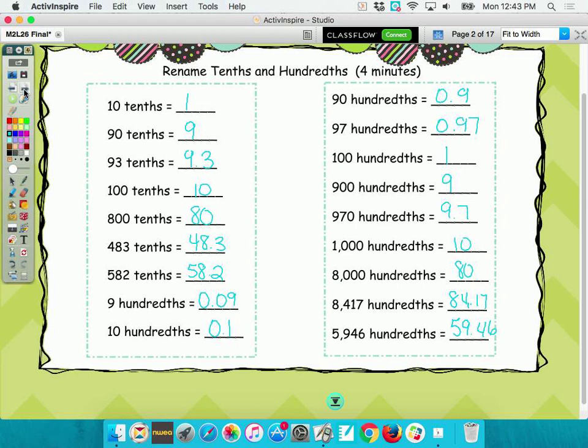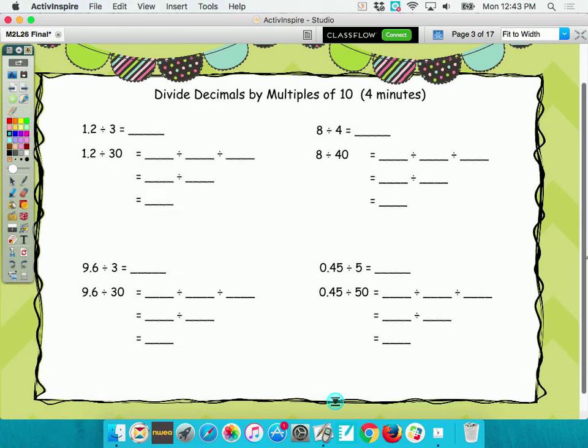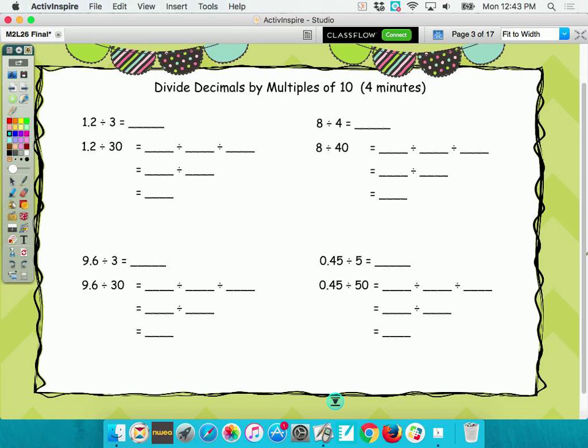Okay. So if you were absent from school last week, this is something we did. Or if you're a little confused, okay, so we'll see if we can get this right. 12 tenths divided by 3 equals what? 4 tenths.